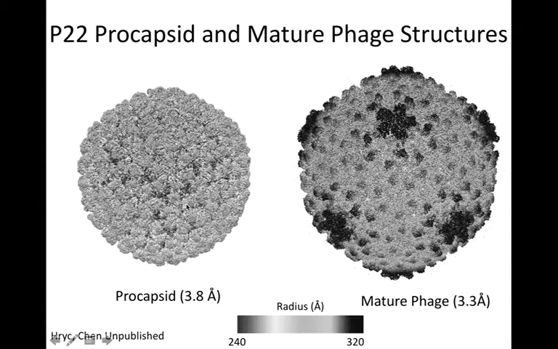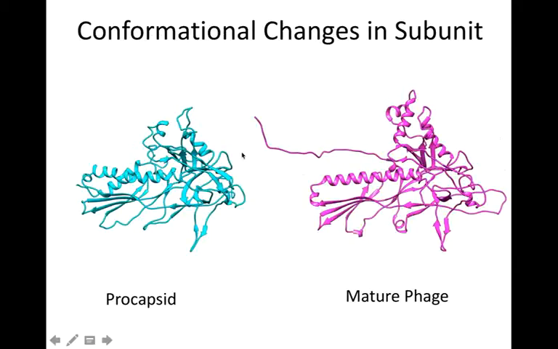One of the interesting aspects in solving the procapsid structure is to find out how this reduction in size of the phage particle can occur, or in other words, how the expansion from a procapsid to the mature virion takes place.